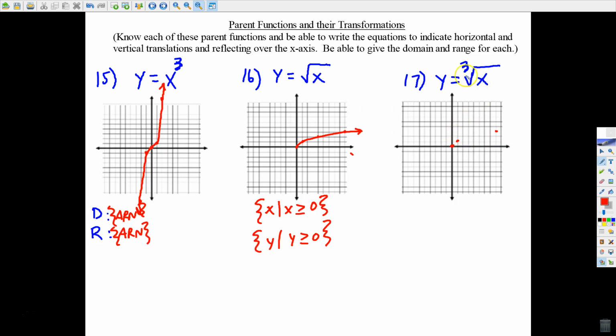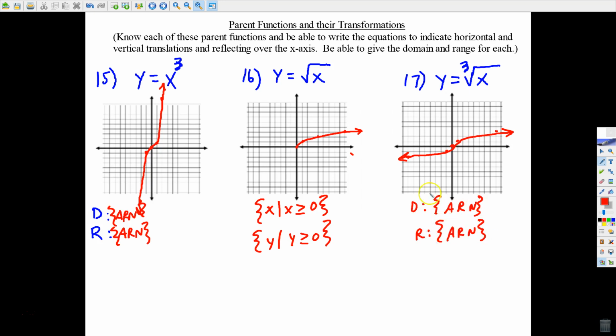So if you input -1, the cube root of -1 is -1, and the cube root of -8 is -2. So here's that cube root function. And the domain here, you can do the cube root of a negative number. So here its domain is all real numbers, and so is the range.